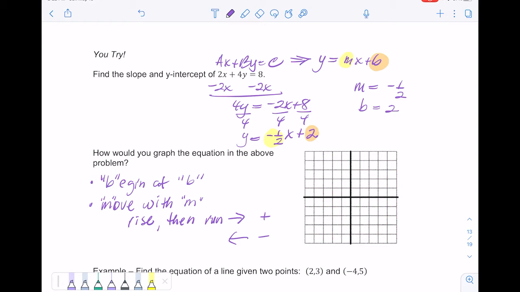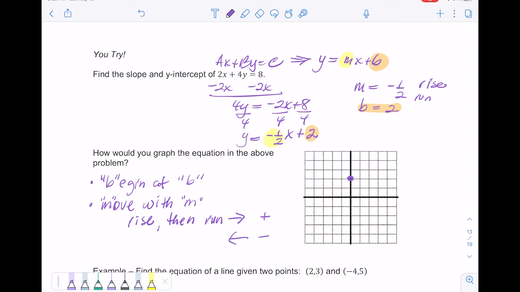So for example, in this last equation, I'm going to begin at b, which is my y-intercept. My b is 2. So I'm going to put a dot right on the y-axis at 2. Now I'm going to move with m. So what's my rise and what's my run? My rise is in the numerator on the top, and my run is in the denominator on the bottom.